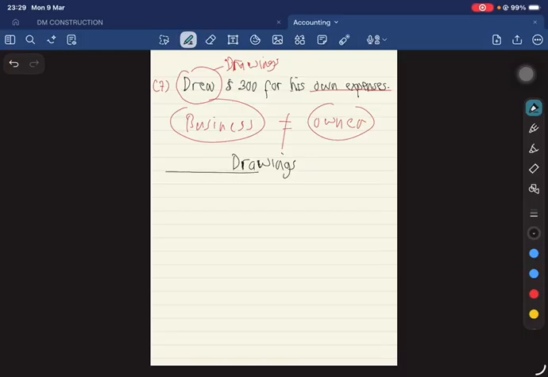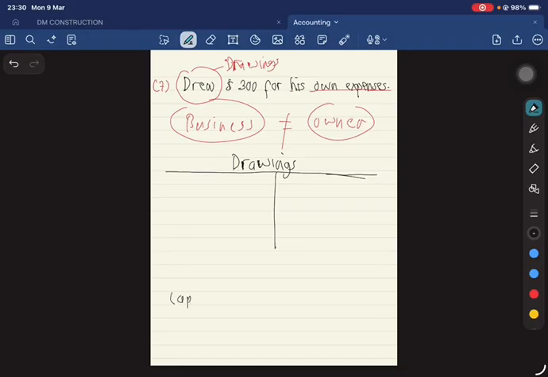So the drawings. He withdrew money for his own expense, and he withdrew it from his capital. So what are the rules regarding capital?